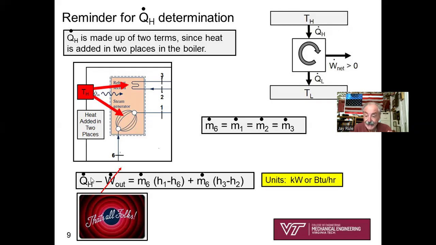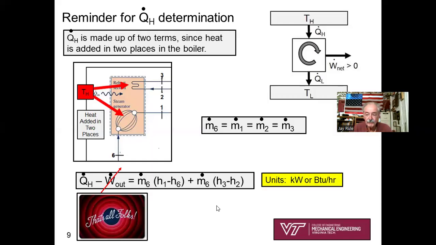Q dot H is going to be made up of minus W dot out, well, that's 0. Plus M dot 6 times (H1 minus H6), so you can kind of see that with your eyes. It's the mass flow times outlet minus inlet enthalpy. And then also M dot 6 is the same up here, right? It's a serial flow, everything's flowing in series, so we can just put M dot 6 there instead of M dot 2, and then again enthalpy out minus enthalpy in.